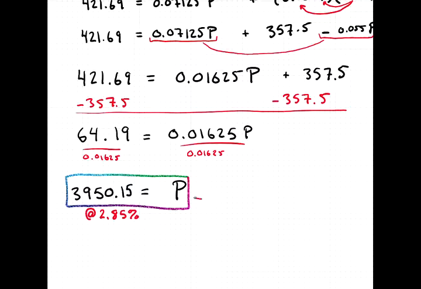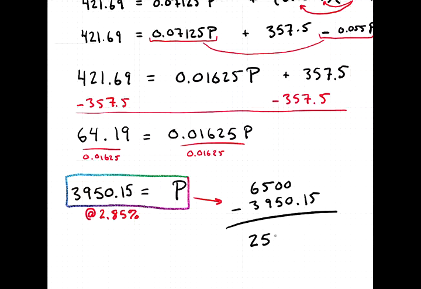And now from this, we'll do $6,500 minus $3,950.15, and that's the rest. That's 6,500 minus P, and that will be $2,549.85.